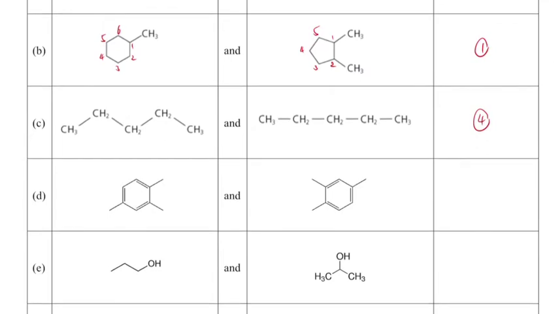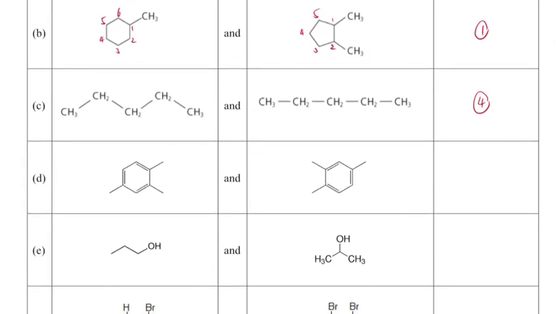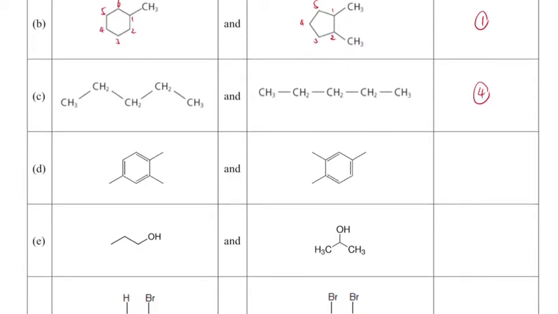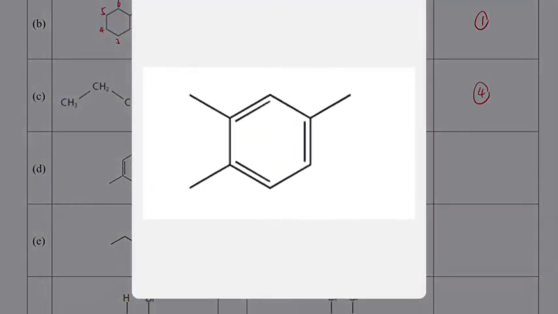Okay, then for the next one. If it is just presented this way, they look different. However, if we do something to the right hand side molecule, let me get a copy of this molecule.